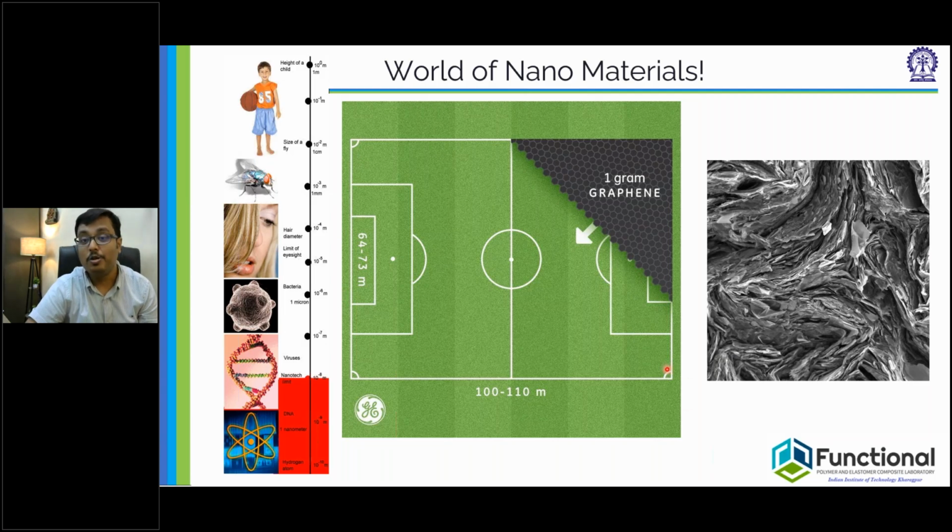So now you can understand how low the density of this nanomaterial is. It can have a wide coverage of a soccer field of this dimension. Okay, and this makes it very different from traditional microfillers like carbon black or any other material.